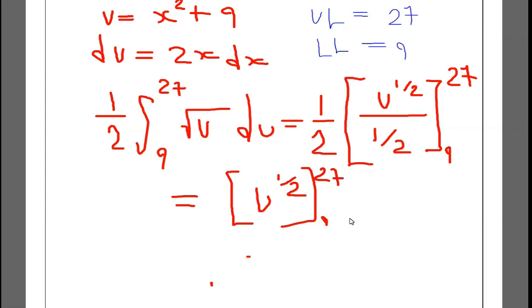When I integrate u to the half, a half plus 1 is 3 over 2. My apologies, a half plus 1 is 3 over 2. And we divide by 3 over 2.